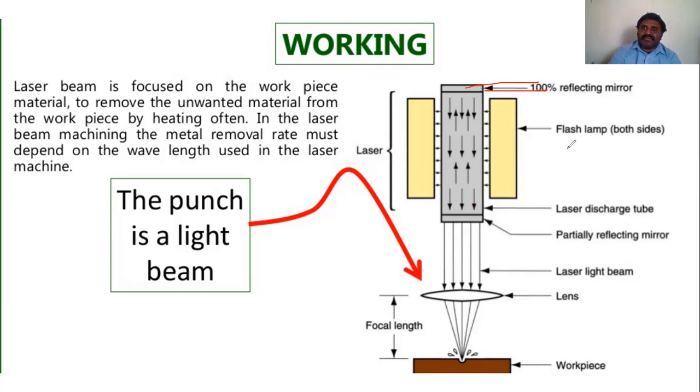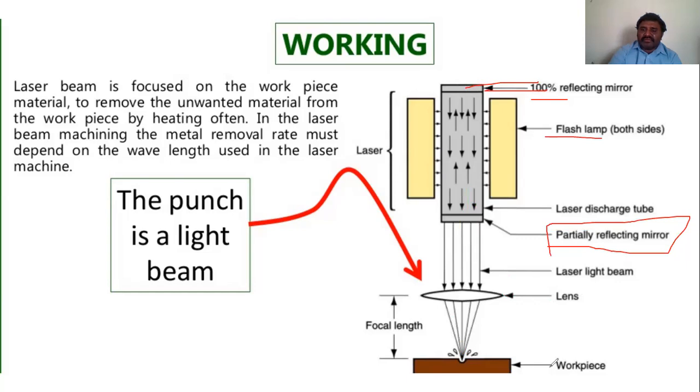There is a reflecting mirror and a flash lamp at both ends so that it does not pass through. Only at the downward end do we keep a partially reflecting mirror, so the laser discharged from the tube is partially reflected from the mirror and falls on the lens, making one point.